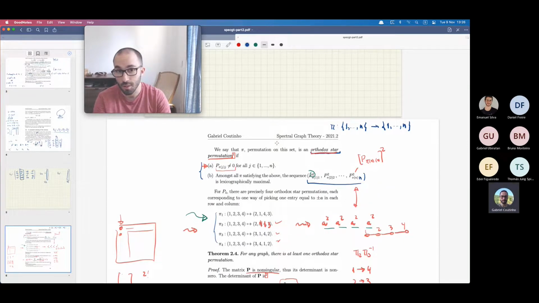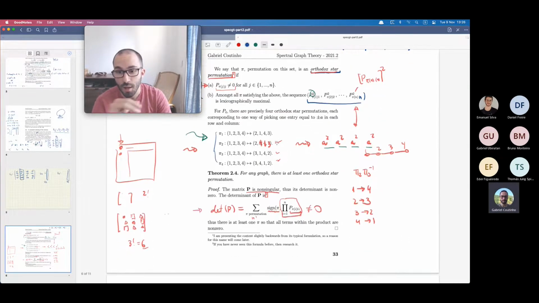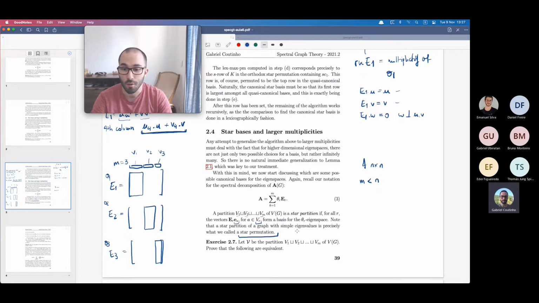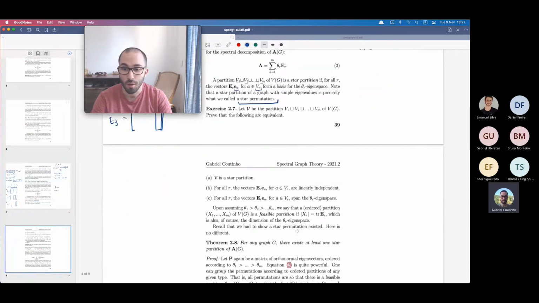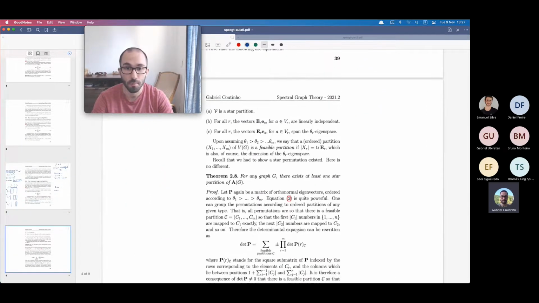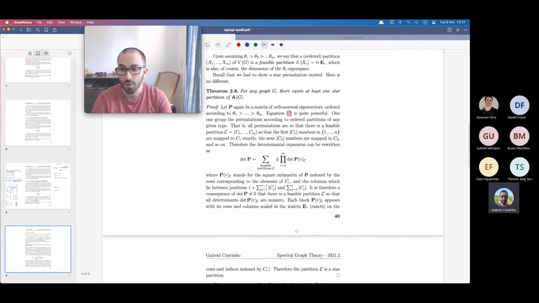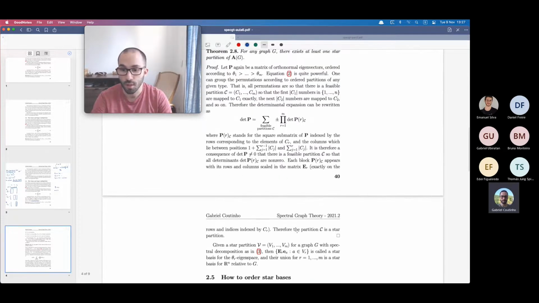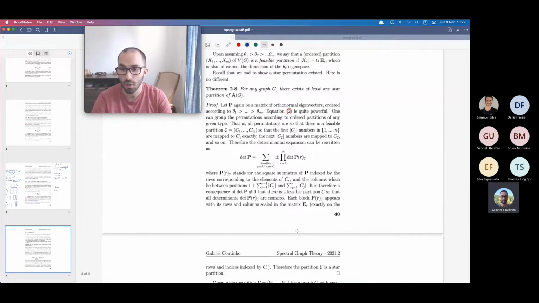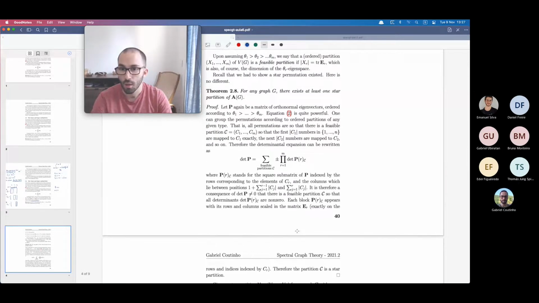Now, to show that a star permutation existed, I expanded the determinant according to this formula, and here it's not going to be any different. So to prove that a star permutation exists.